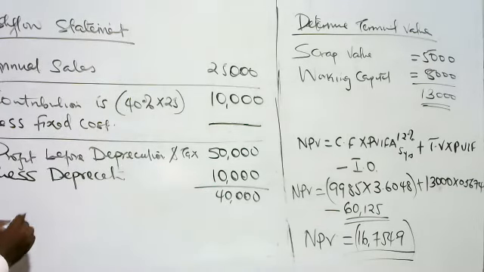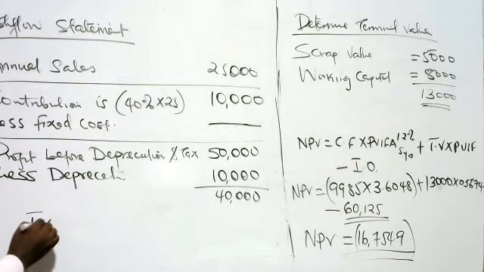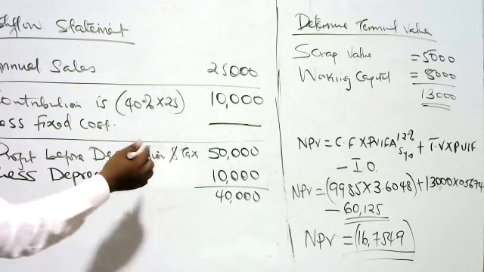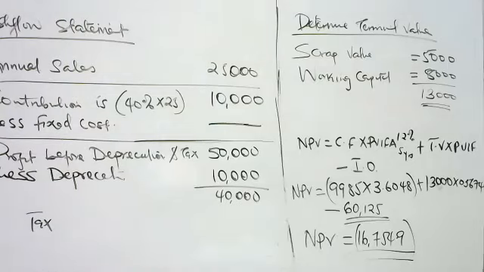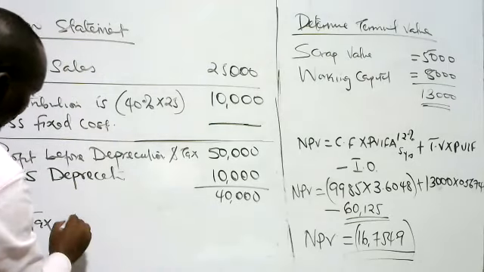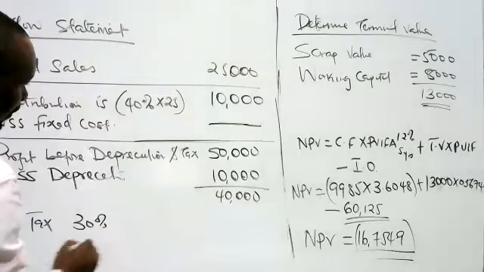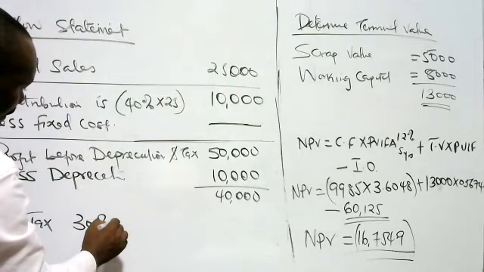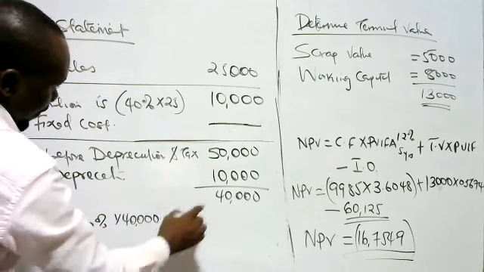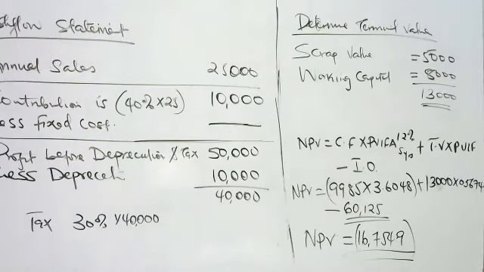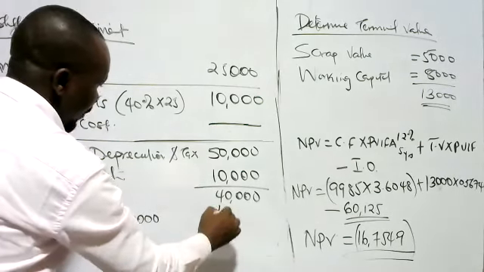And now you tax it. If you tax 40, I'm using a different example because this one has got a loss before even tax. So this one will be 30% of that. 30% of 40,000 will be 12,000 here.